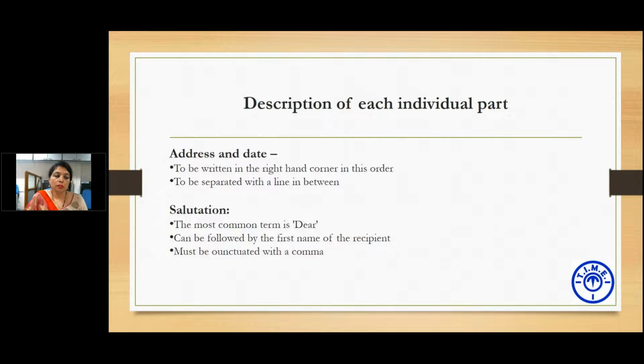Then the dear is followed by either the term that you use to address that person, as I said, dear brother, dear sister, or by the first name of the recipient. Because it is an informal letter, you should not write dear Mr. So and so, because at a formal level we don't use these terms to address people. And again, it has to be punctuated by a comma. Well, there's a typo error. It must be punctuated with a comma.